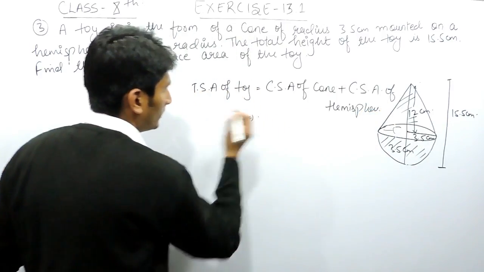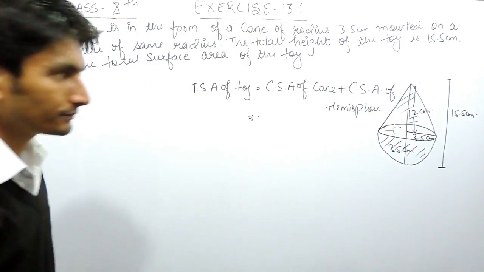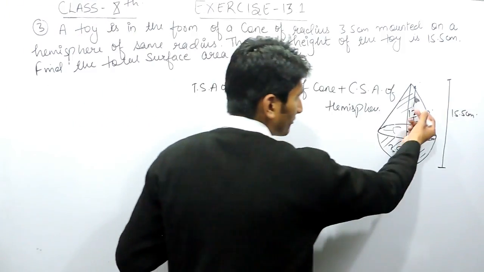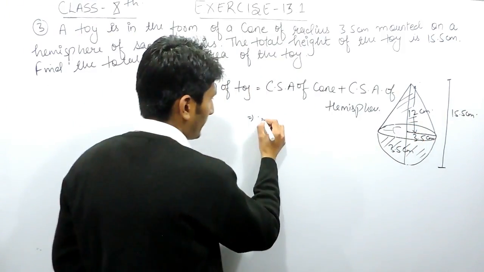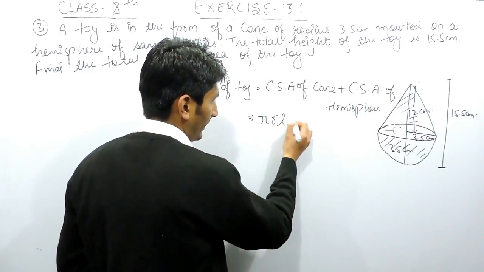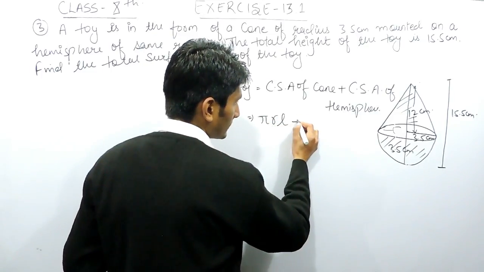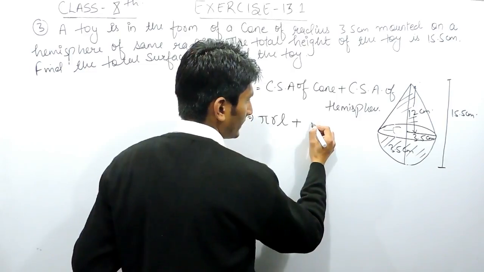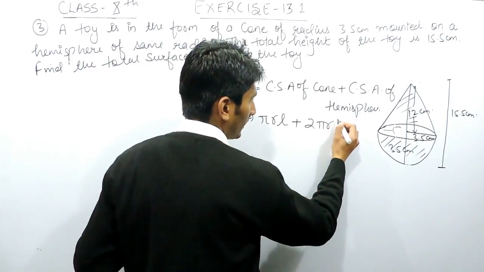We know that the curved surface area of the cone is pi r l plus the curved surface area of the hemisphere is 2 pi r square.